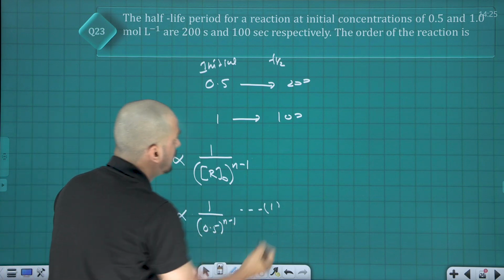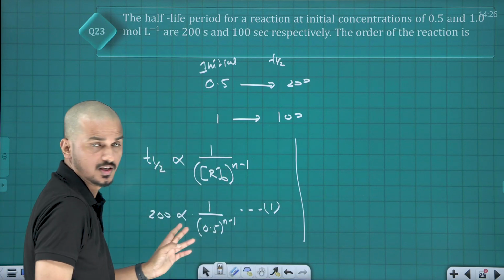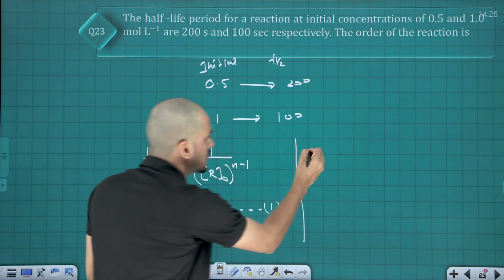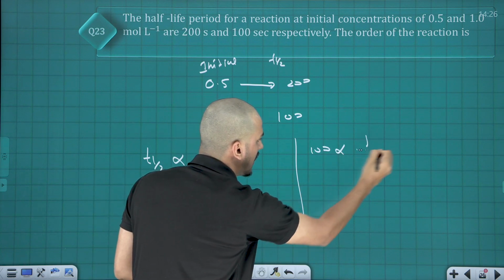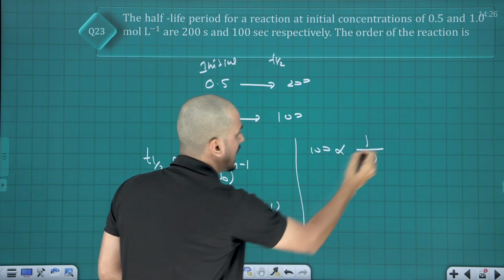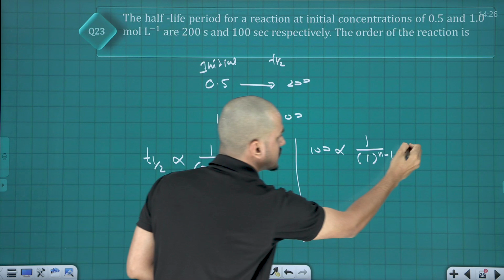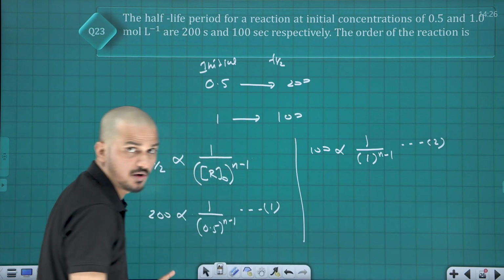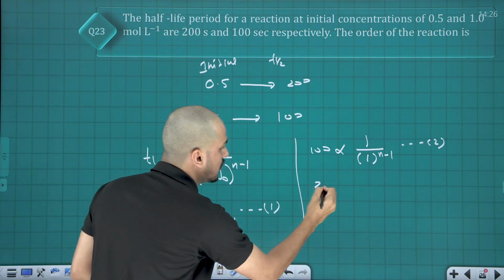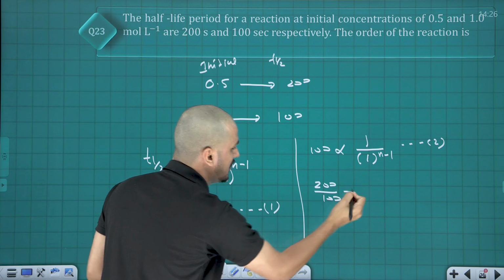That is proportionality number 1. We can apply the second condition also. The half-life is 100, so 100 is proportional to 1 by 1 raised to n minus 1. That is proportionality number 2. Now I can divide 1 by 2.